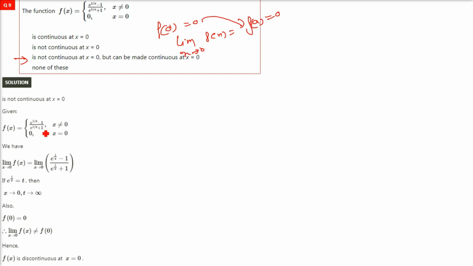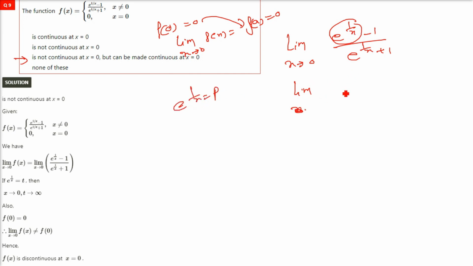There are certain ways you can solve it. If you know about the limits, it's quite easy for you. Limit x tends to 0, we have e raised 1 by x minus 1 divided by e raised 1 by x plus 1. Now you just take this term, call it as some t or some p, whichever you want. I'm taking it as p, for example. So it will be p minus 1 by p plus 1.